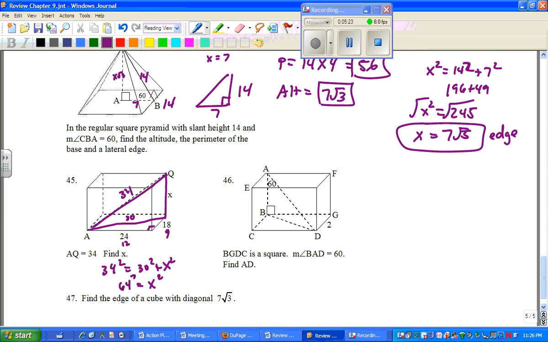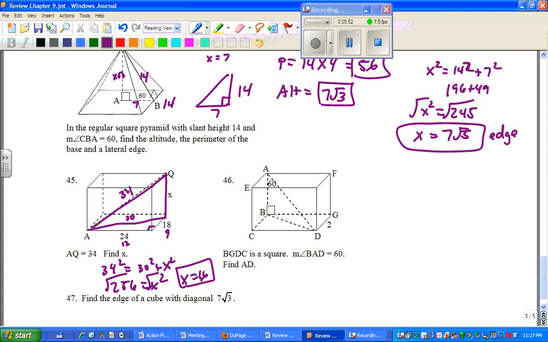We get 34 squared minus 30 squared. Now we're getting 256 is equal to x squared, square root 256, and x equals 16, what we're missing. That angle is 60 up there.